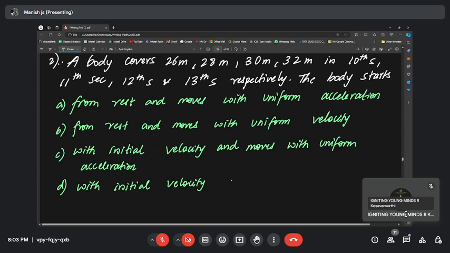So these are the four options. Out of these four, which do you think is more appropriate as per the given situation? A, B, C, and D. Carefully analyze the question, read it. The body is covering 26, 28, 30, and 32 meters in 10, 11, 12, and 13 seconds. Which option do you feel is most appropriate?